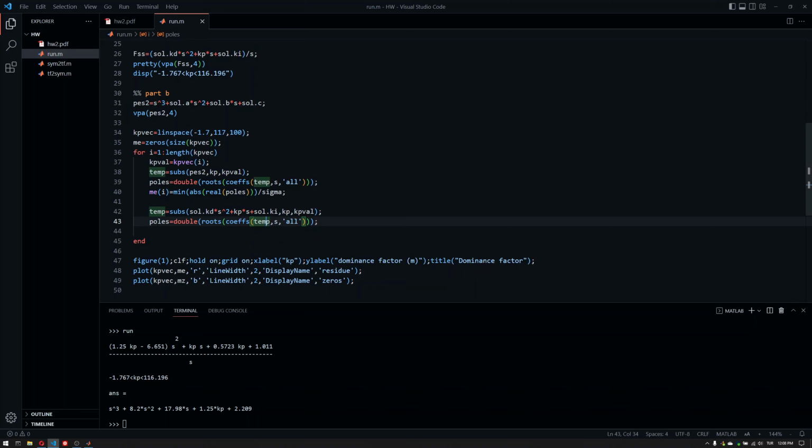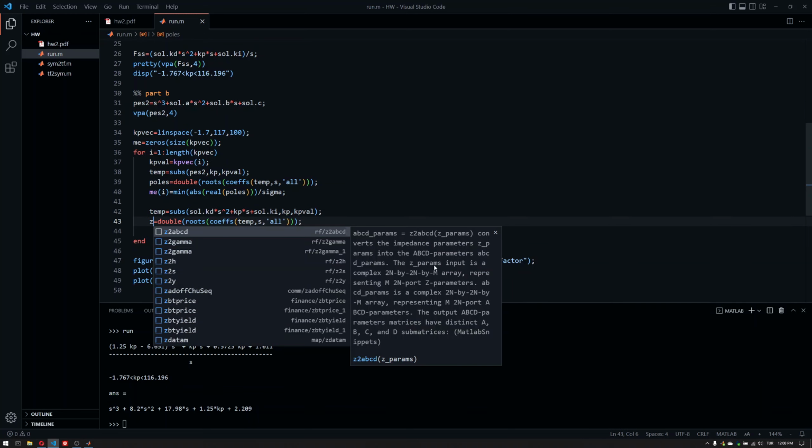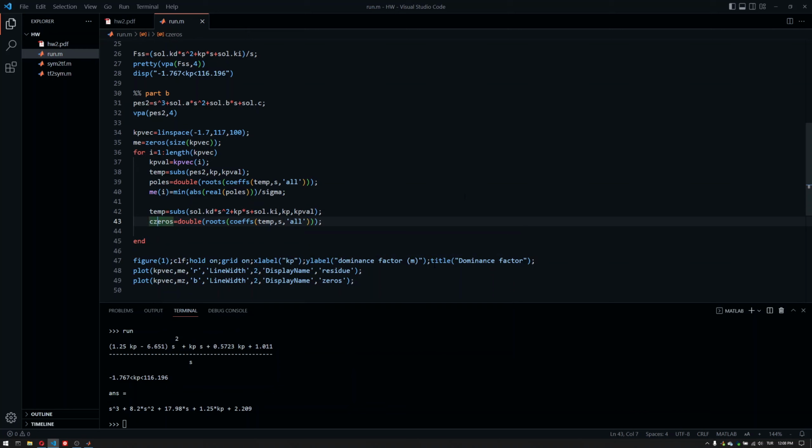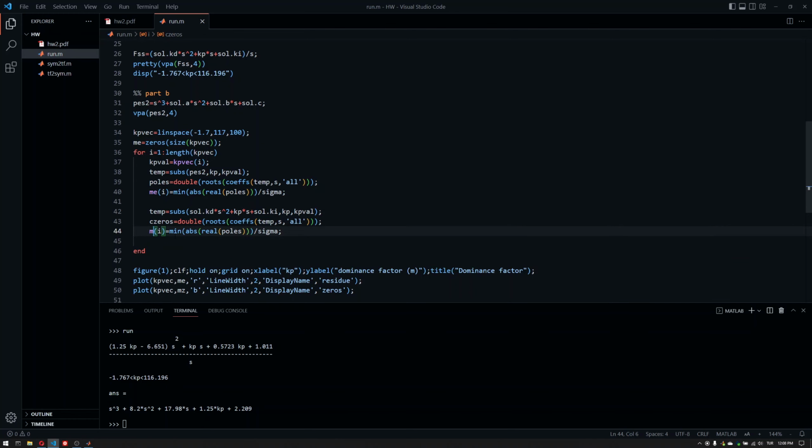Now we will look for, let's call it zeros. We are looking for the zeros. The calculation is basically the same because we're still interested in the same thing.